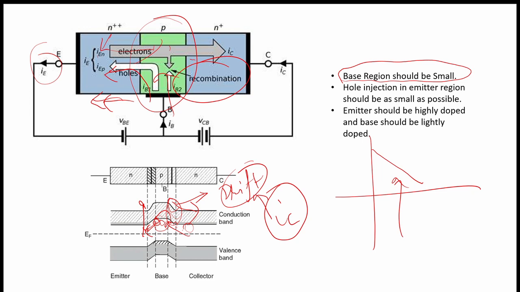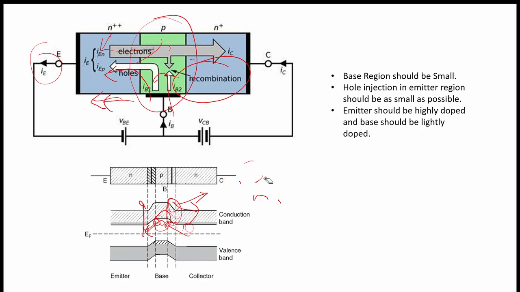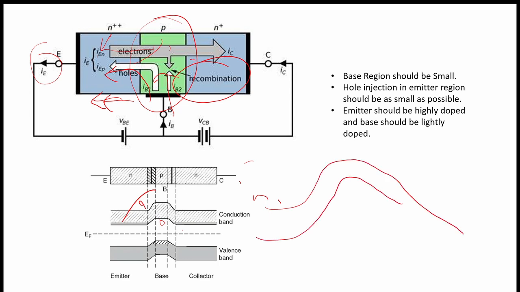Okay, let me make the Venn diagram here, so you will easily get this thing. So this is the n region. Okay, let us say this is the thing.